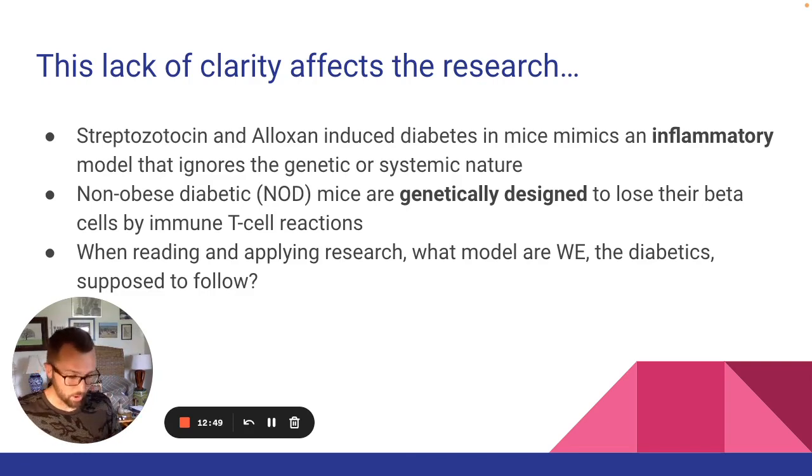So conversely to the streptozotocin and the alloxan-induced diabetes, there are also genetically manipulated mice called NOD, non-obese diabetic mice. Now, these mice are genetically engineered to have an immune system that targets their beta cells.